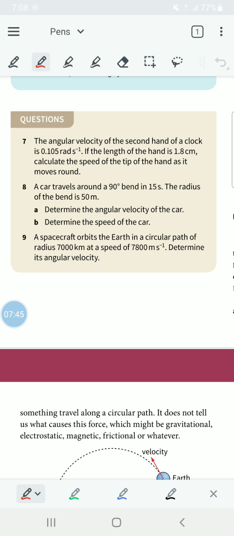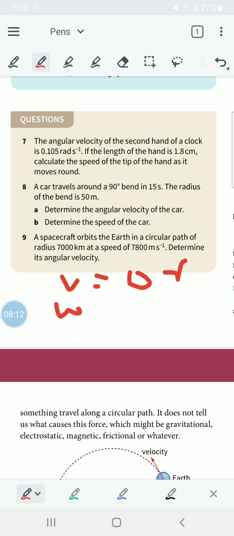So let's use the equation. At a radius of 7,000 kilometers at a speed of 7,800 meters per second. Here meters per second they have given, so you have to make the kilometers and meters comparable. The easiest is to convert 7,000 kilometers into meters. The equation is v equals omega r, but they are asking for omega.